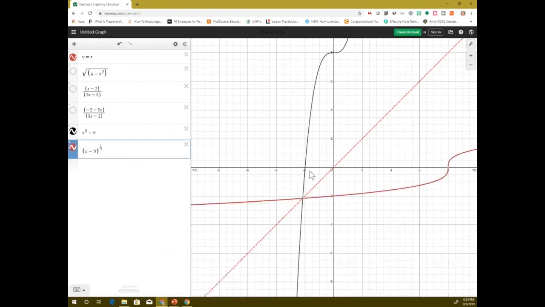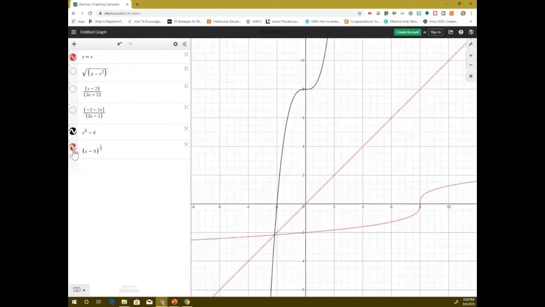So you can see, again, it forms a mirror image across the line y equals x. So that's how you know that those are inverses, when you look at that line. I'm going to change the color here. You can see over the dotted line, there's a mirror image, and so they are inverses. And that's a way to make sure that you solved it correctly, because if you graph them and they don't form a mirror, then that means you made a mistake.